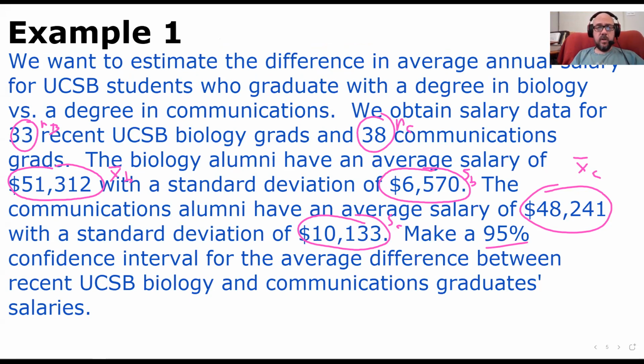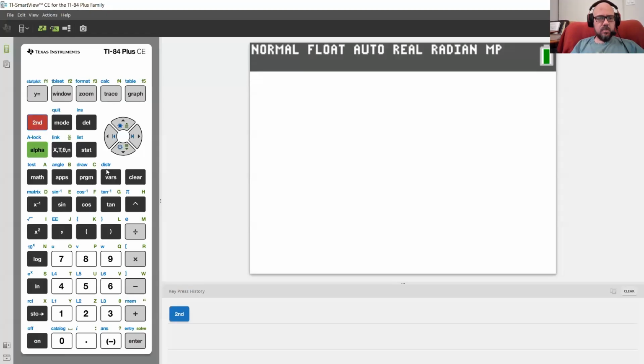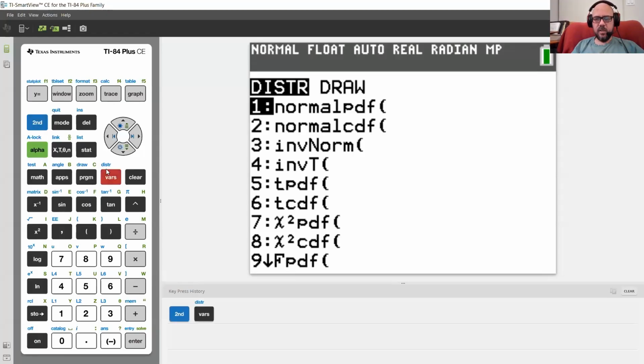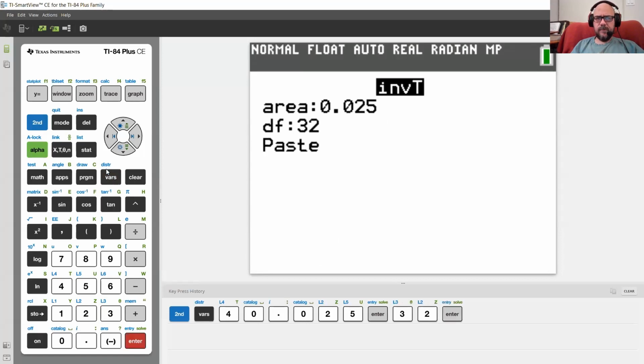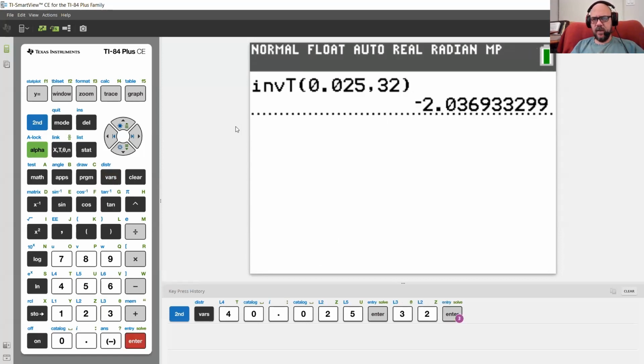Let's go over to the calculator and find what that is. I'm making a 95% confidence interval, so I want inverse T of 0.025 with 32 degrees of freedom. And the thing I get is negative 2.037. So that's my critical value there.